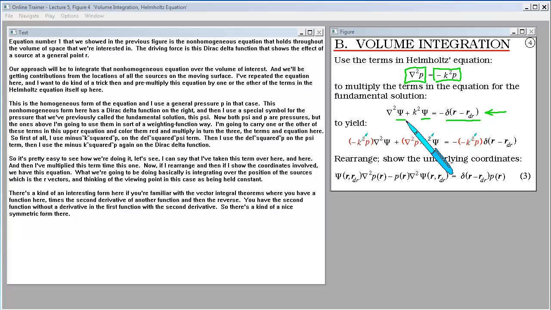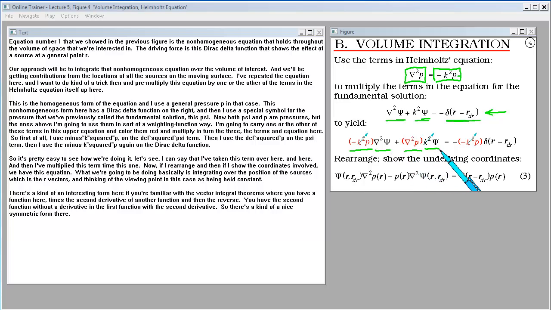Now both psi and P are pressures, but the ones above I'm going to use in a sort of weighting function way. I'm going to carry one or the other of these terms in this upper equation, color them red, and multiply in turn the terms in the equation here. So first of all, I use minus k squared p on the del squared psi term. Then I use the del squared p on the psi term.